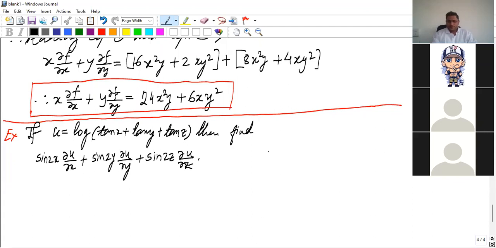This is what we want to find. We know the derivative of a logarithmic function. What is the derivative of log x?